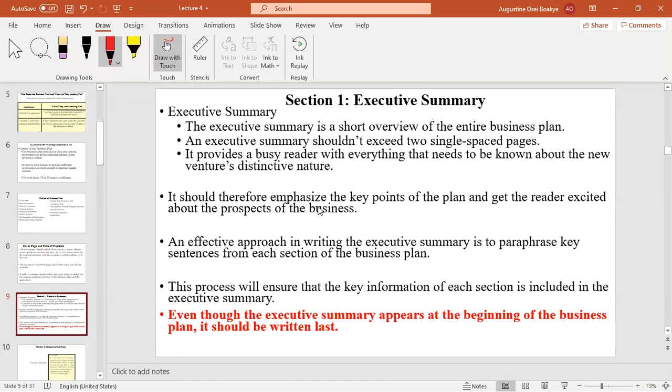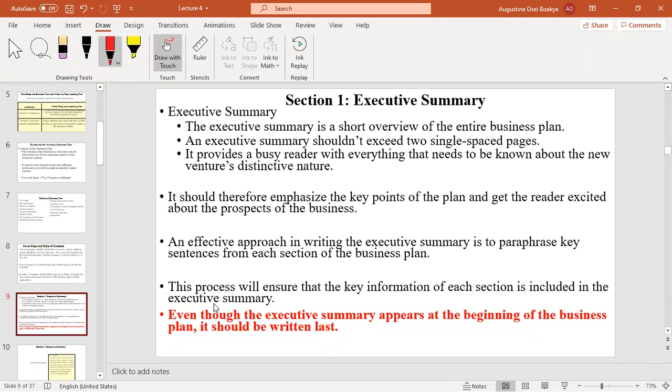Before you can write a good executive summary, you will have to finish with all the remaining sections so that you will pick paragraphs from each section, put them together to get your executive summary. That is why we are saying that even though it is the first item you will see when you start reading through the business plan, it is the last item that is actually written.